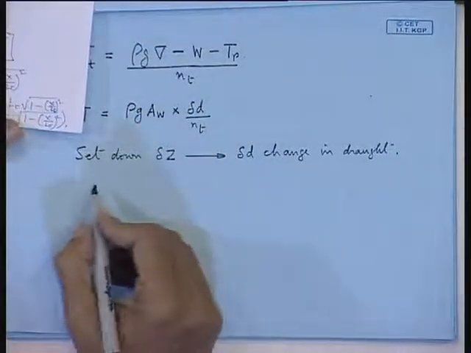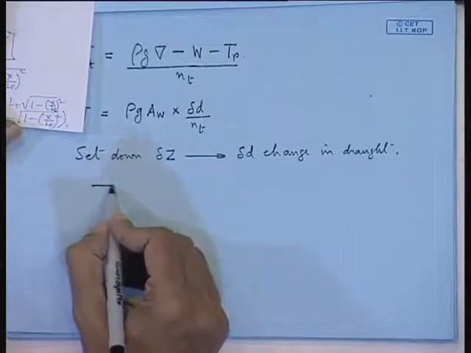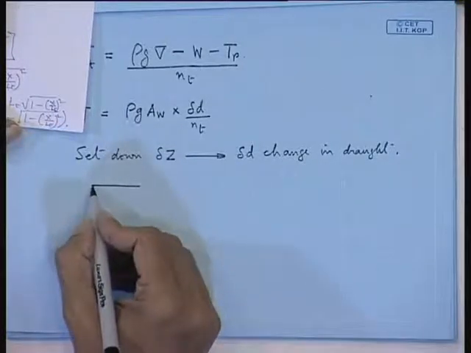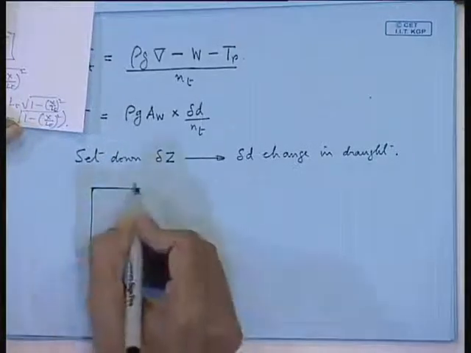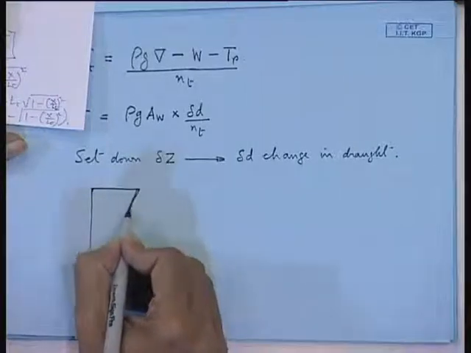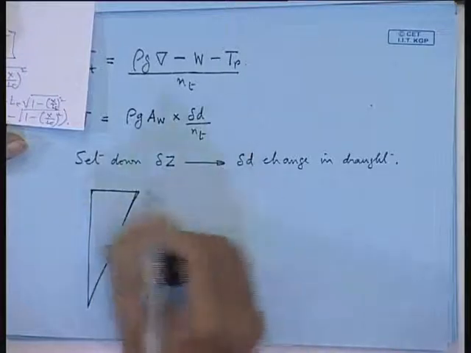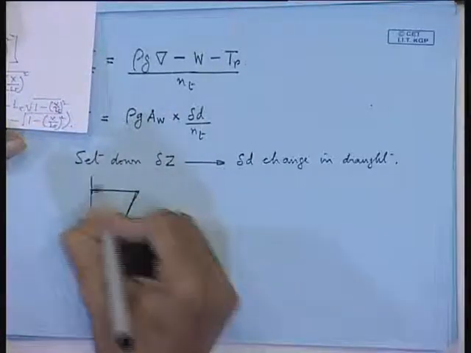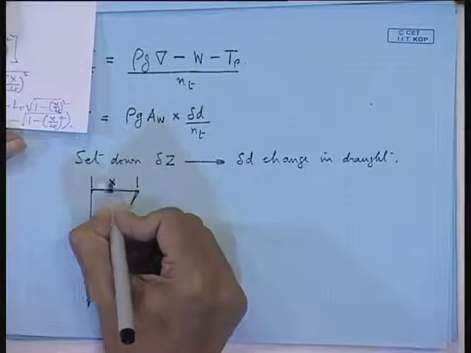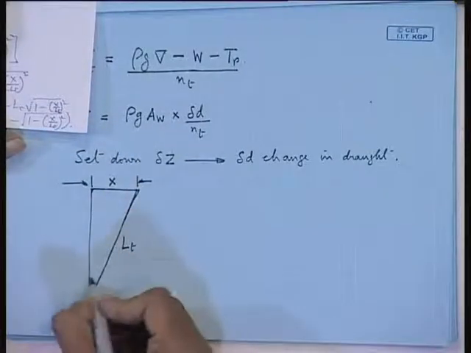See, this is your, now you calculate the angle phi. So, your length of cable will remain the same, LT. Now, offset is x, followed, and this angle is phi.